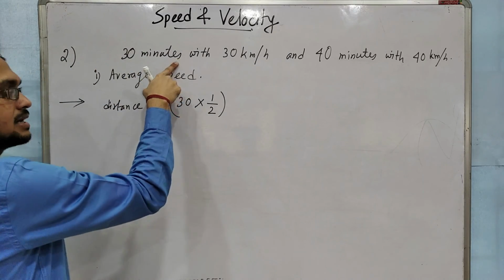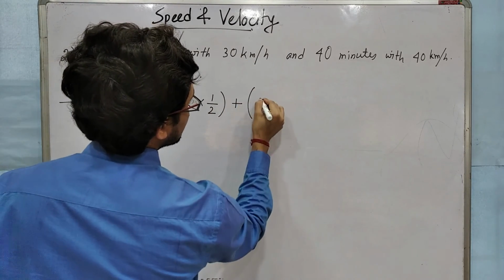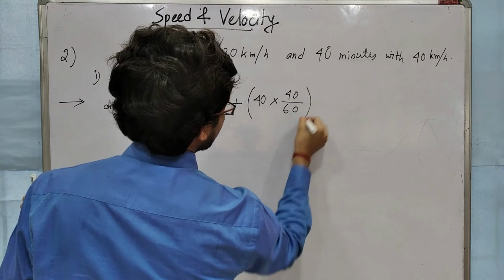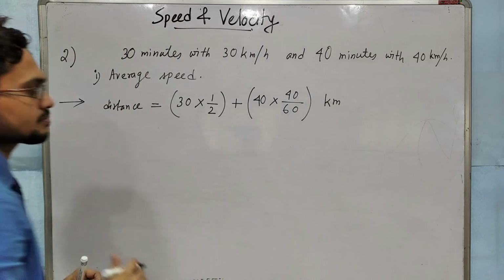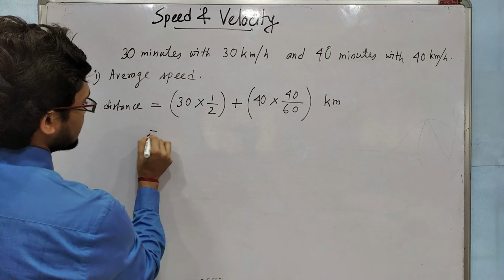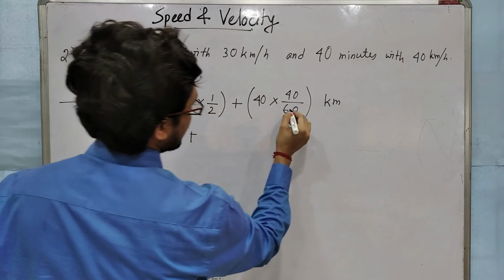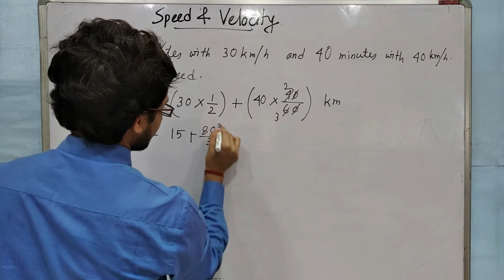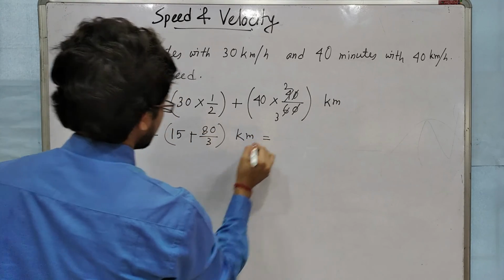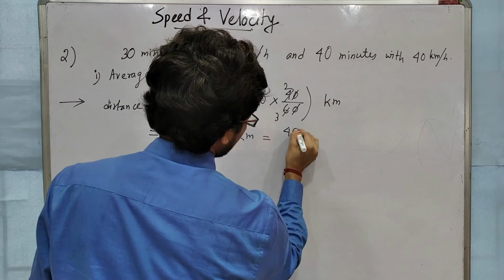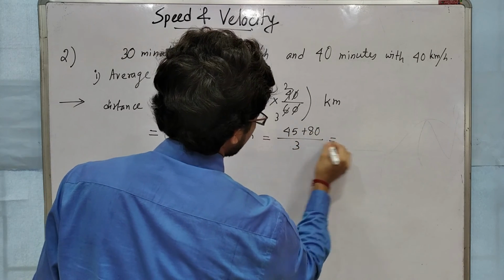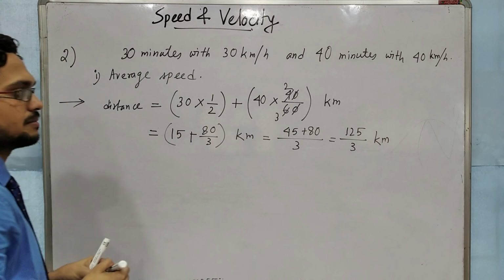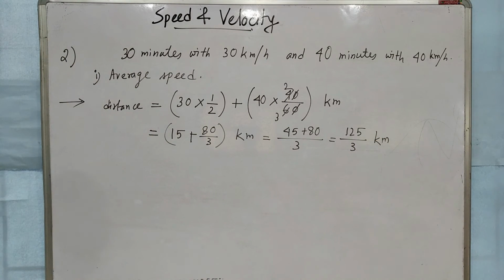For that reason we have to convert minutes into hours, plus 40 kilometer per hour into 40 minutes. 40 minutes means 40 by 60, this much kilometer. If you calculate, this will be 15 and that will be 80 by 3. Calculate it: 45 plus 80 by 3, you will get 125 by 3 kilometer. This is the total path covered, total distance.